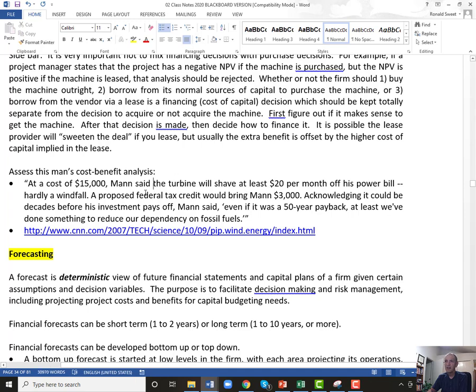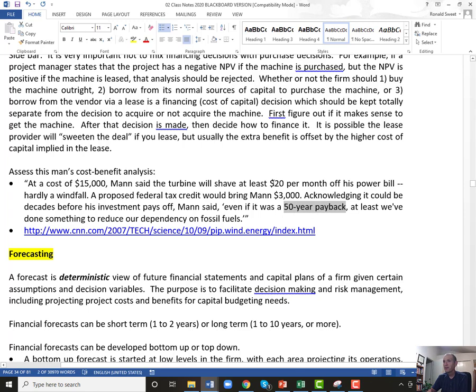This is a true story. He made his neighbors really mad because they really did not want a massive windmill in their neighborhood, and he had it in his backyard. And he said, even if it was a 50-year payback, at least I've done something to reduce our dependency on fossil fuels. Notice he says payback, not 50-year discounted payback.